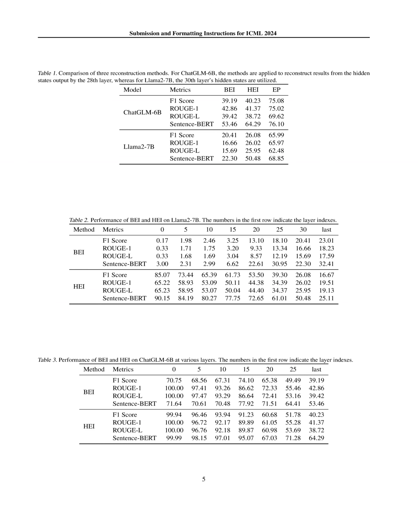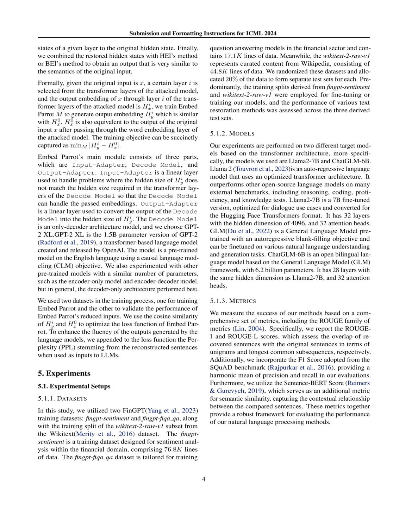The difference in performance can be attributed to the distinct architectural designs of the two models. ChatGLM6B, being an open bilingual language model based on the General Language Model (GLM) framework, may have a different structure that affects the effectiveness of BEI compared to Llama 2-7B, which is an auto-regressive language model optimized for dialogue use cases.